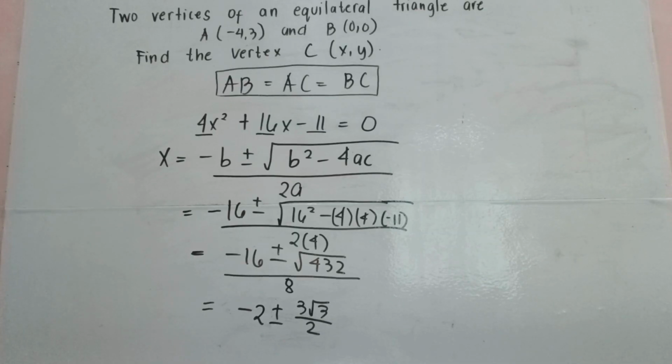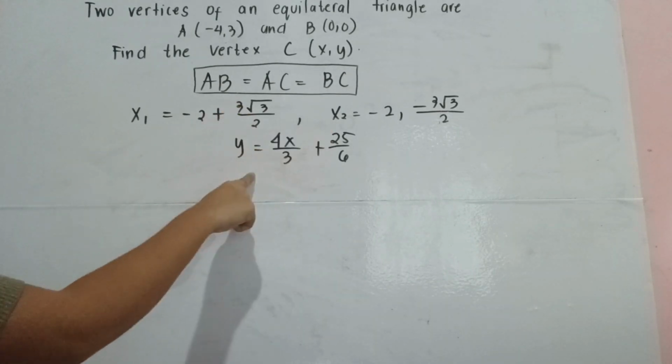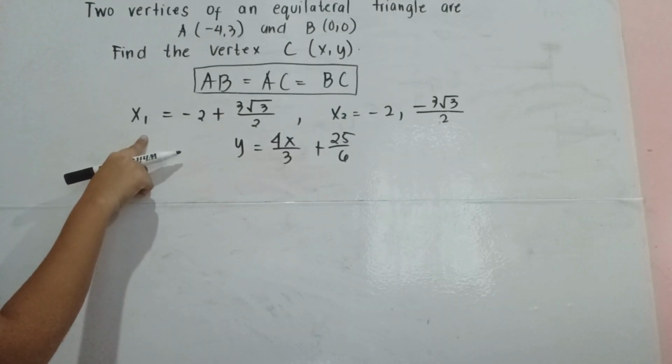Next, we find the corresponding y values. Let us substitute these x values into our y equation to find the possible y values. So first, let's start with this first x value.